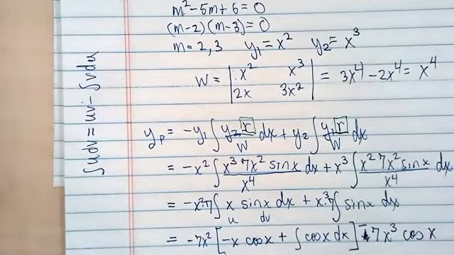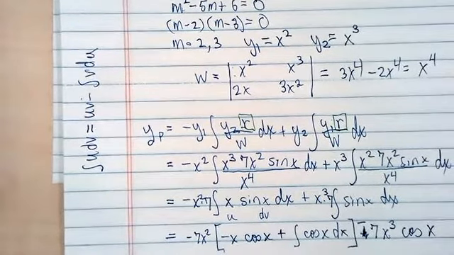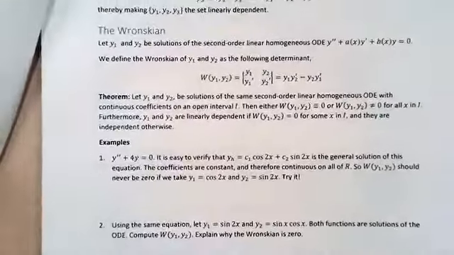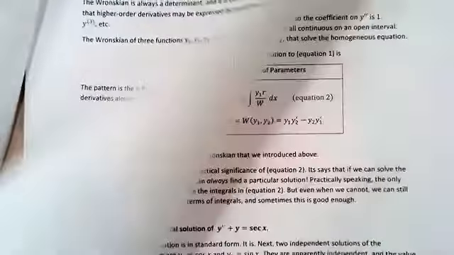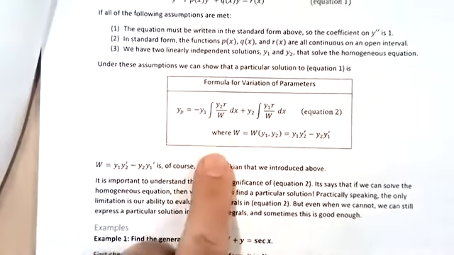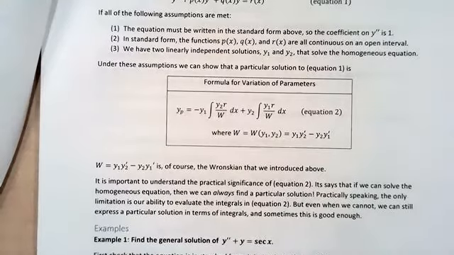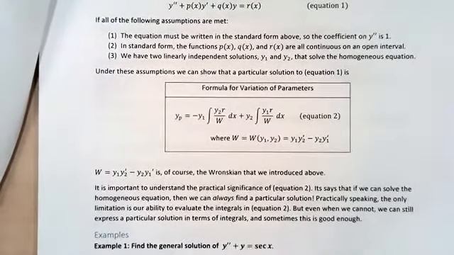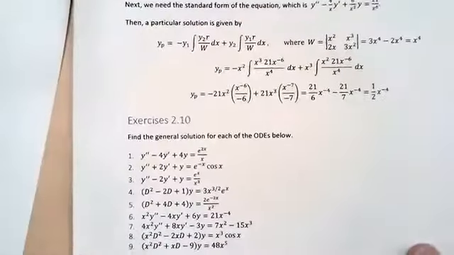Okay, that is variation of parameters in the Wronskian. And now you know why when I flipped over here I said, well, the Wronskian is there. And the key formula is here. And if you can do that, you're in pretty good shape. And of course, you practice. And there are some problems to work out.